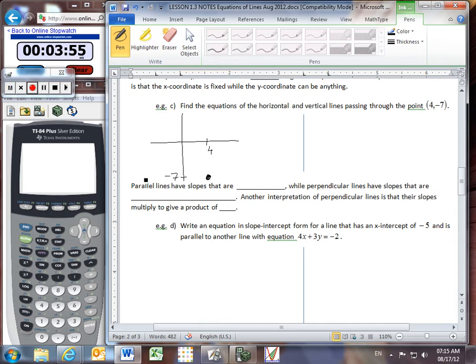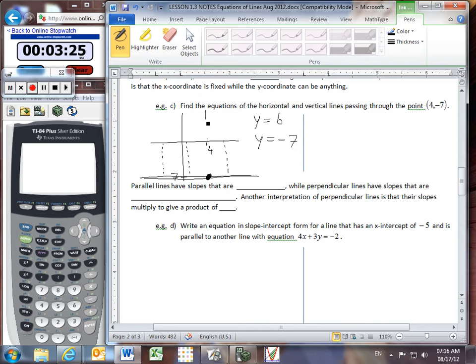If we drew a horizontal line through that point, then we know that the slope is 0, and we know that the form of this line is y is equal to b. And because it has to go through this particular point where the y-coordinate we know is -7, and it's horizontal, we must be -7 units down for every point along the line. And so our equation for the horizontal line is just y equals -7.